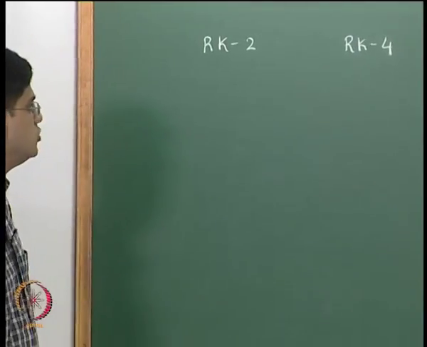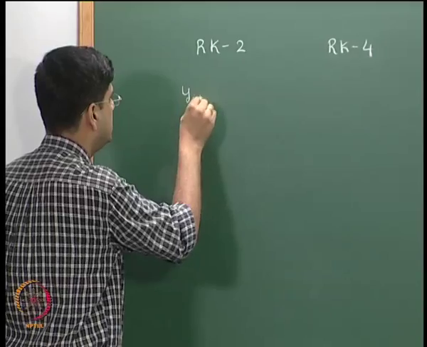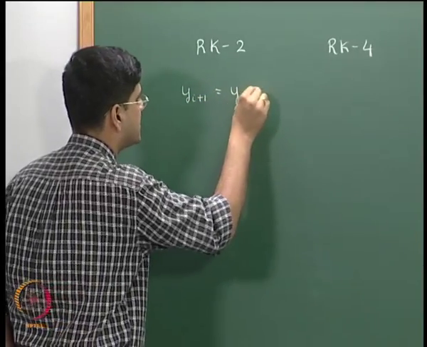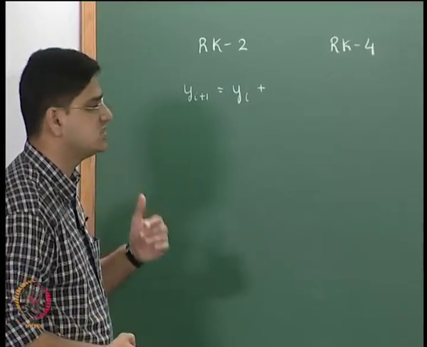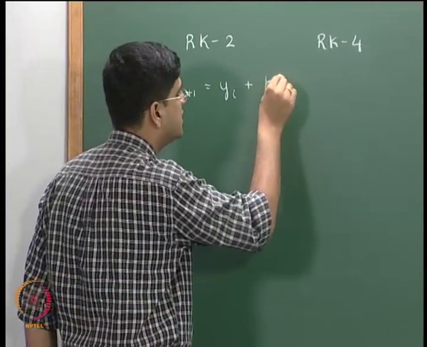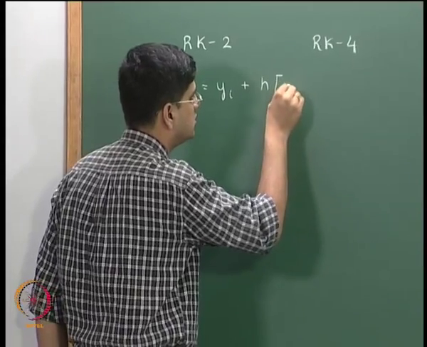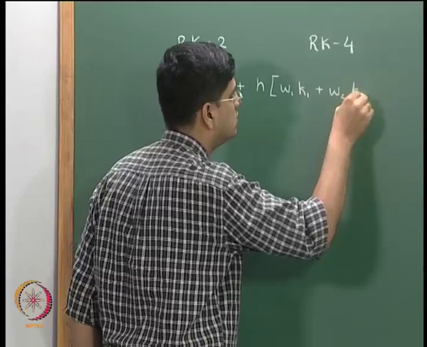In the RK2 method, we write y_{i+1} equal to y_i plus h times slope, where slope is computed as a sum of two slopes k1 and k2. So I will write this as h times (w1 k1 plus w2 k2).